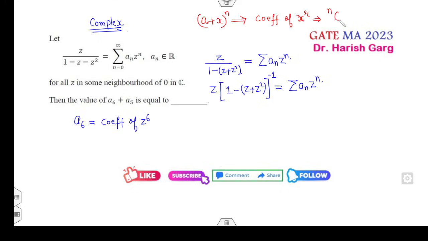That will be nCr a raised to power n minus r. यही होगा. But यहाँ पे n क्या होना चाहिए? Positive. But here n is my negative.